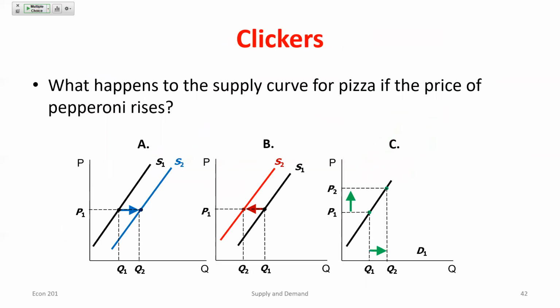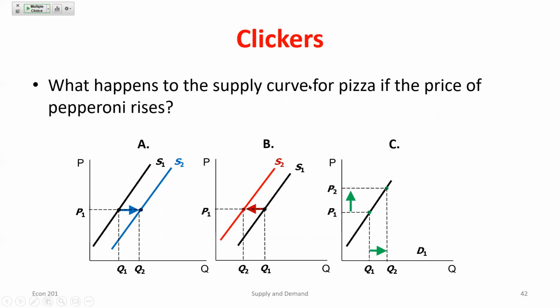So we talked about a few things that could shift supply. If I'm thinking about the supply curve for pizza, which of these would be the correct shift or movement along the supply curve if I saw the price of pepperoni rise?